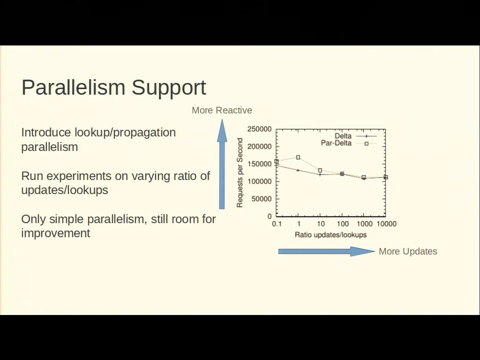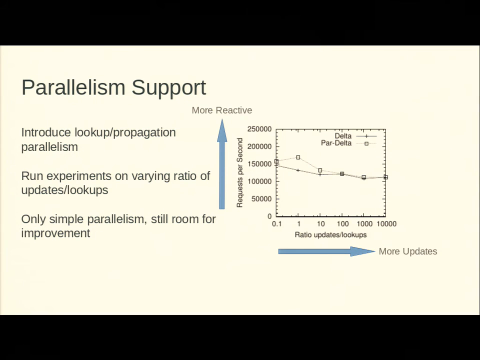So as mentioned a few times, the representation allows for some parallelism, right? So in this experiment, we only try some kind of simple parallelism. So every lookup that happens, you can also propagate, right? But when there is a lookup, some of these child nodes could also propagate as well.